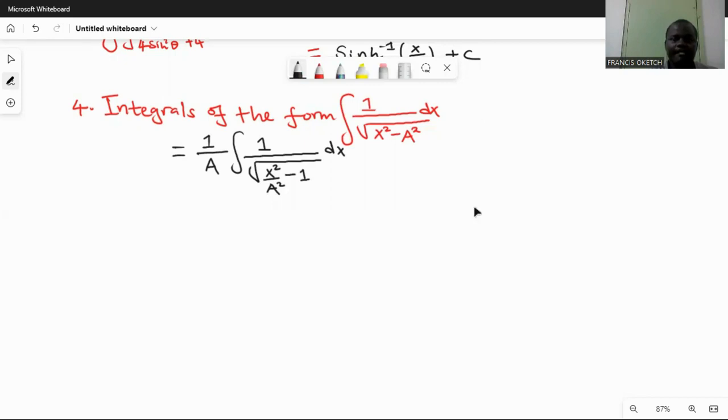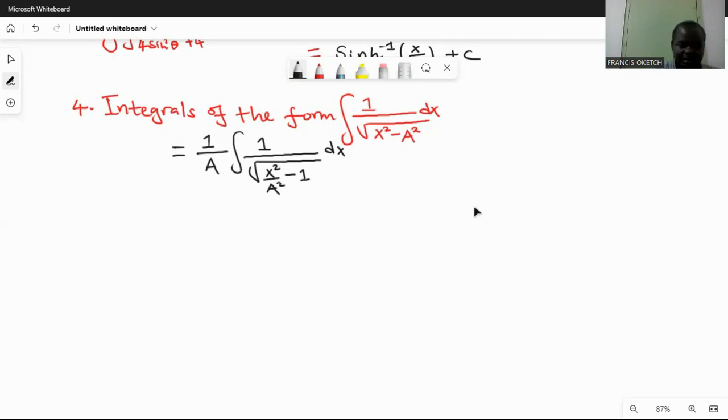Now you need to ask yourself, which trigonometric function minus 1 gives you another function squared? Or which hyperbolic function, when you subtract 1, gives you another function squared?